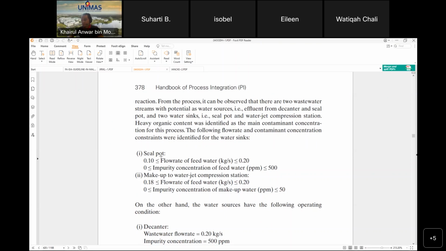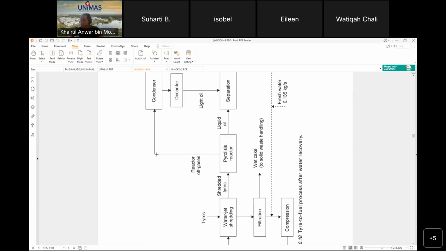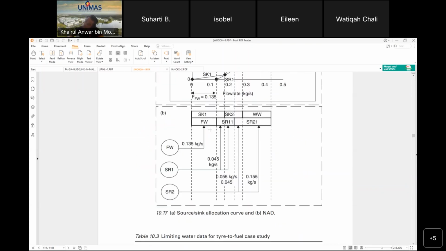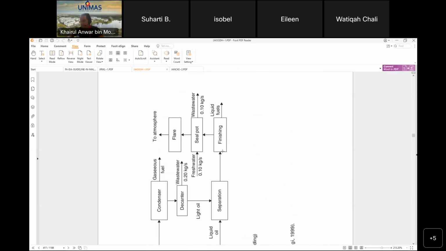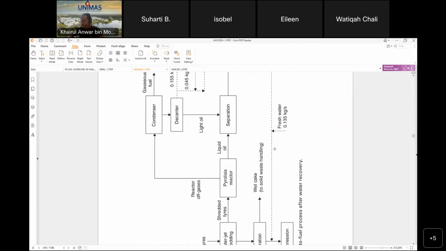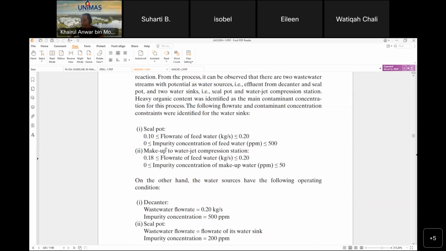So the seal pot, 0.1 kilogram per second. Sink: flow rate of the feed water is less than 0.2.